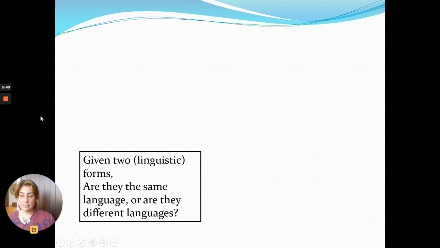So what that means is that in order to even approach the question of what a language is or isn't, we have to have an idea of how to answer the conundrum of deciding whether, when you have two linguistic forms, two linguistic objects, two grammars, two ways of speaking, two ways of communicating, those two ways belong to the same linguistic category, they are just one language, or they are different languages.